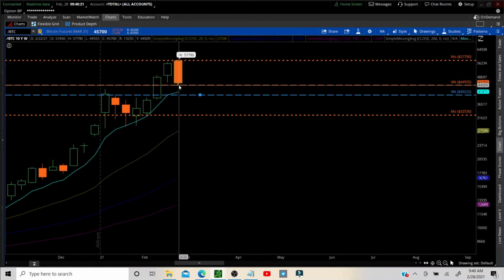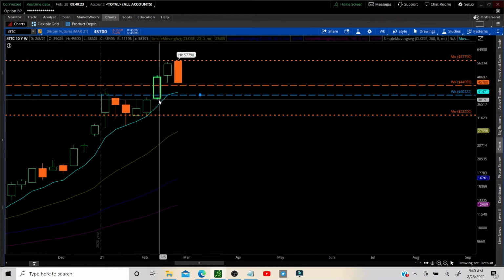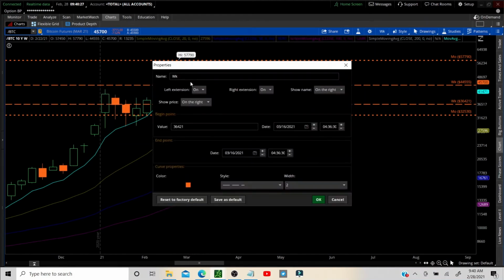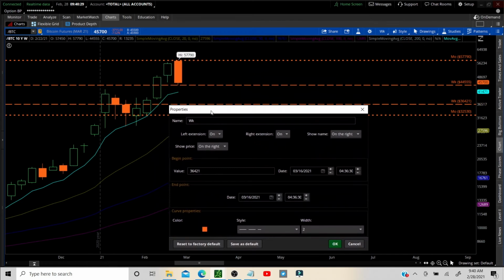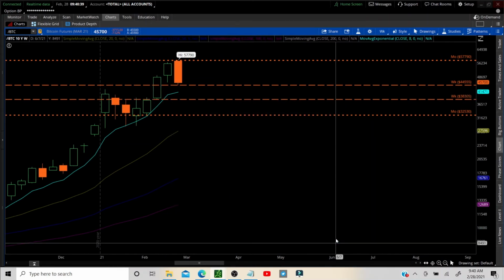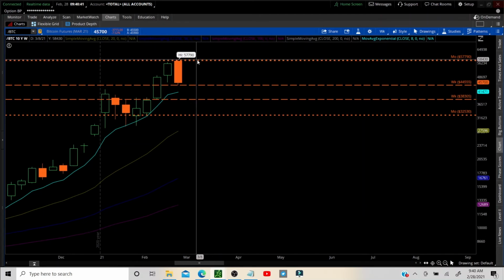So we want the bottom of this, and then the bottom of this candle. So we're going to highlight the bottom there. That's 38,305. Okay, so that's support. We already have our resistance.